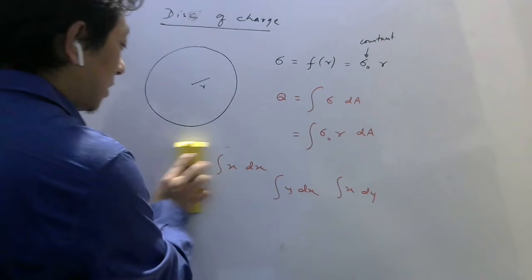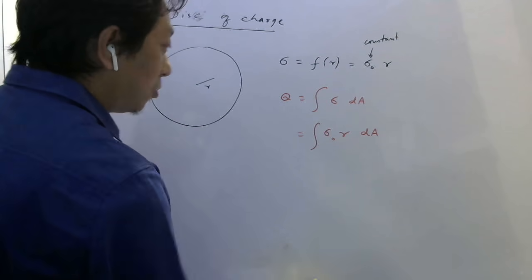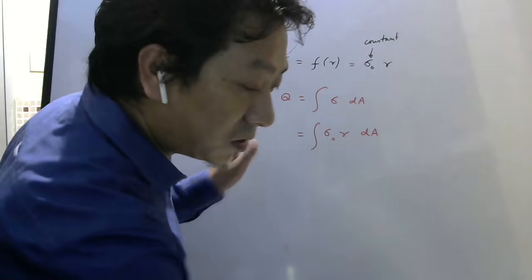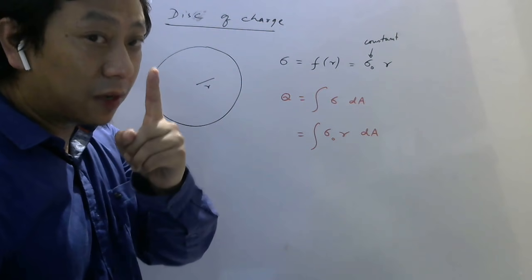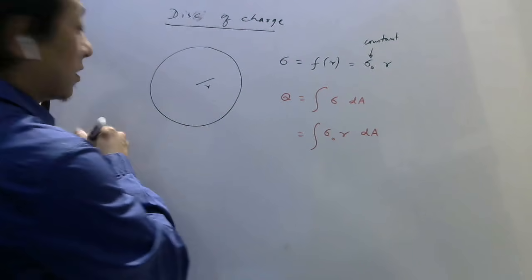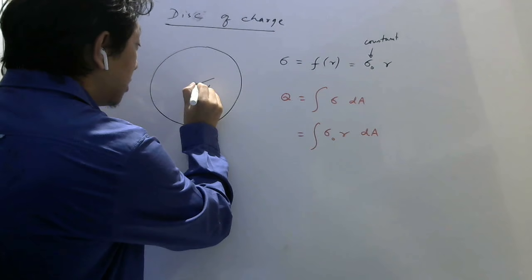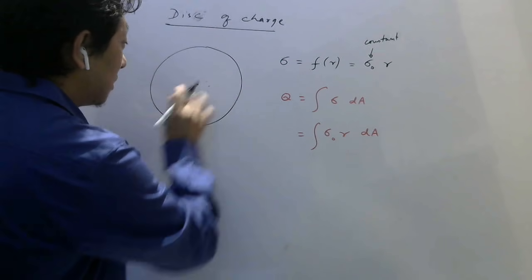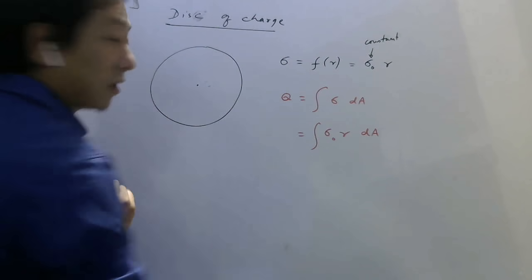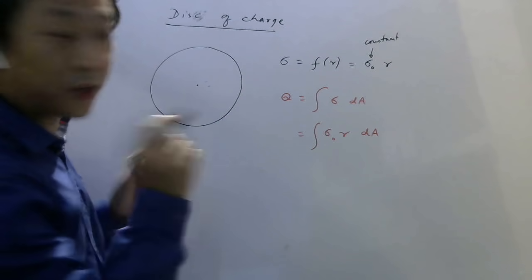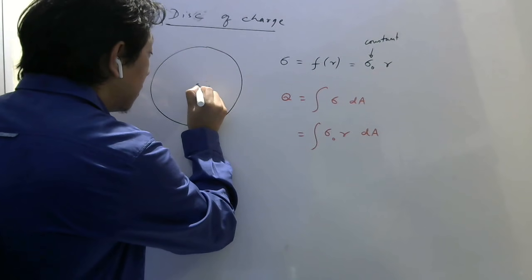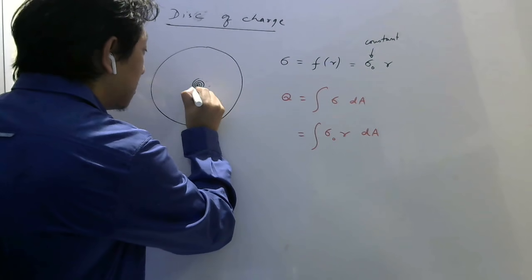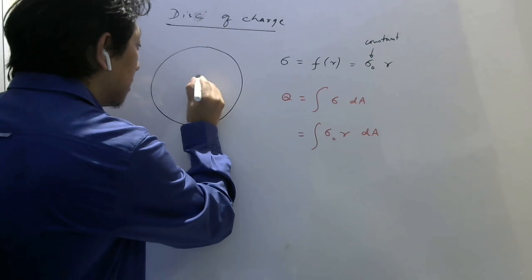So what do we do in such cases? So now students, we have to think. This disk, student, it is a disk, okay? Can't I imagine this disk is made up of small rings, starting from this ring which has 0 radius, because it is a point, then I make this ring, then this ring, then I go to this ring, then this ring.